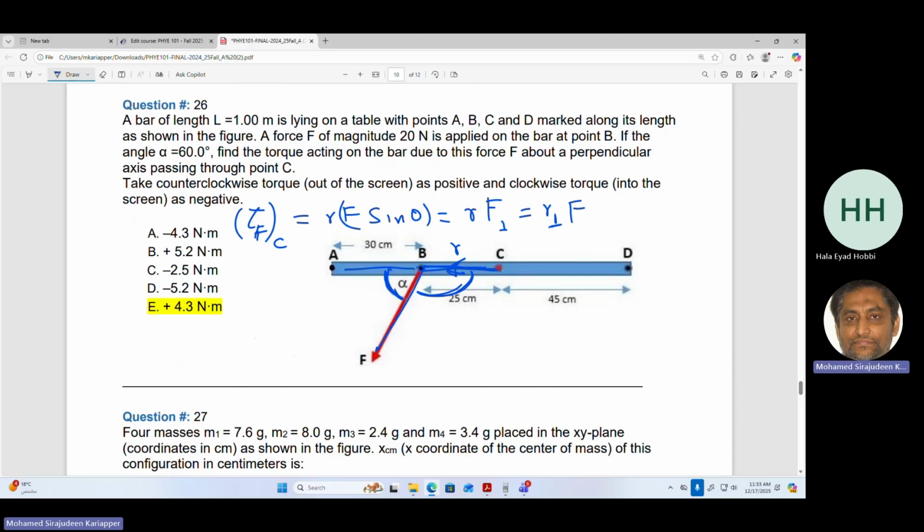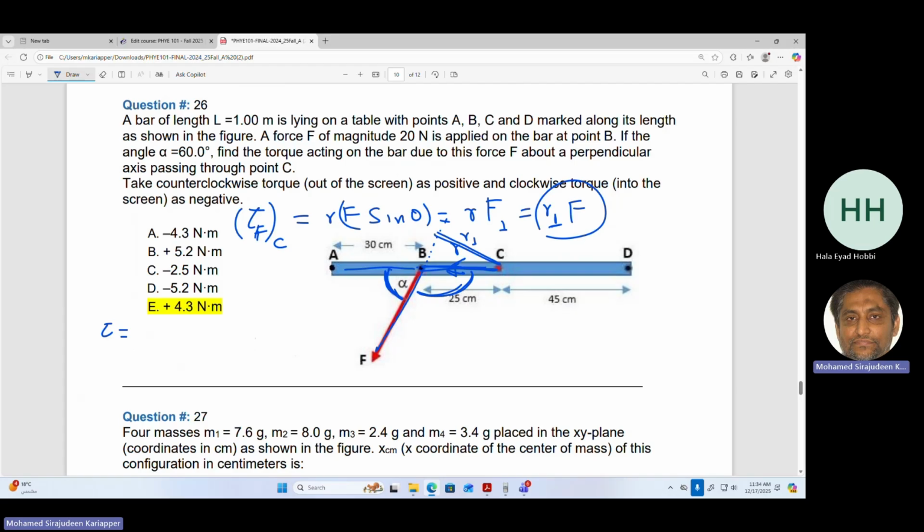Sometimes you will have a question where we are not given the theta, but we are given the perpendicular distance to the point. Then you make use of this equation to calculate the torque. But here that is not the case.